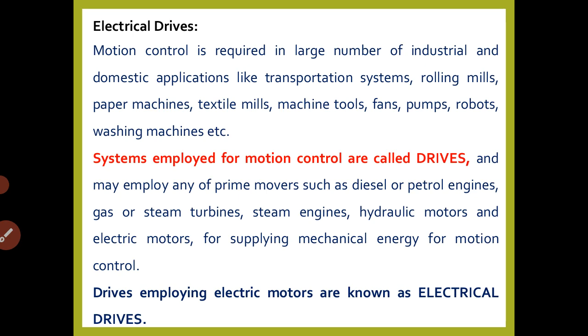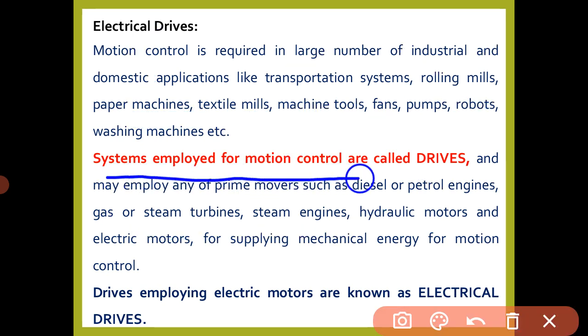The systems employed for motion control are called drives. I repeat, the systems employed for motion control are called drives, and they may employ any of the prime movers such as diesel or petrol engines, gas or steam turbines, steam engines, hydraulic motors, and electric motors for supplying mechanical energy for motion control.